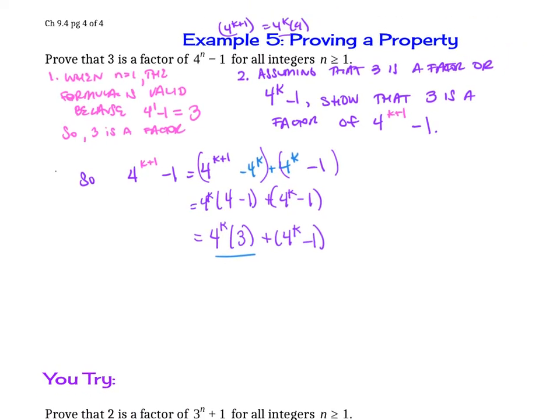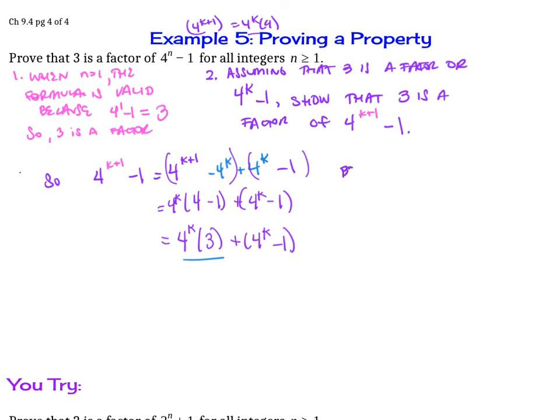So now let's write this out. Because 3 is a factor of 4^k times 3, and 3 is also a factor of, we said it here, it's a factor.